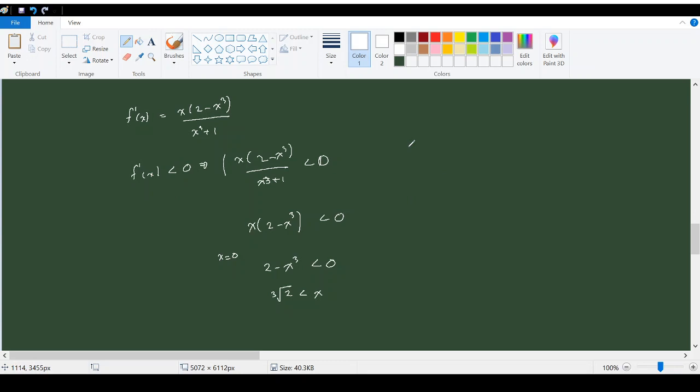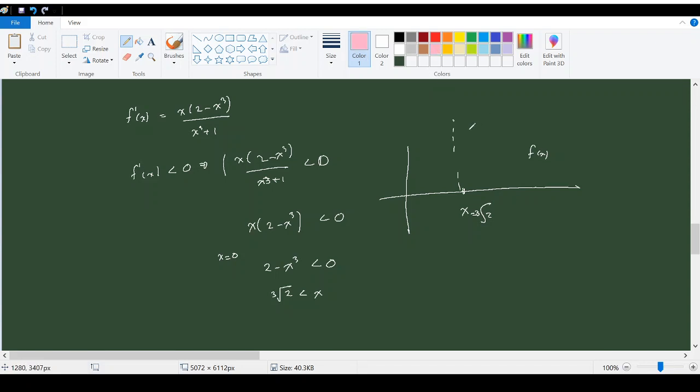So for our function f(x), if the x value is greater than this number, which is a positive number, the cube root of 2, then after this point the derivative of the function is negative.